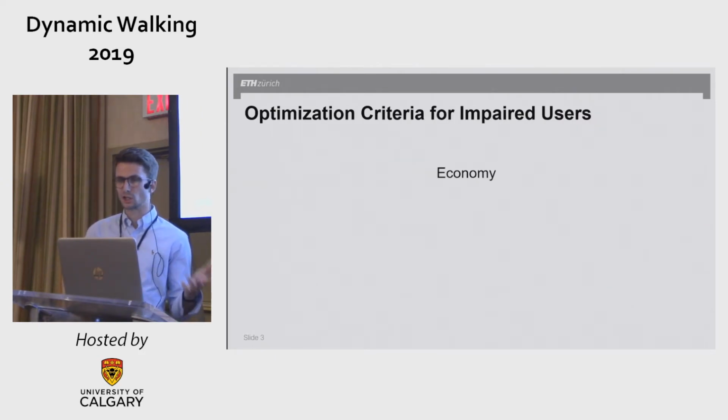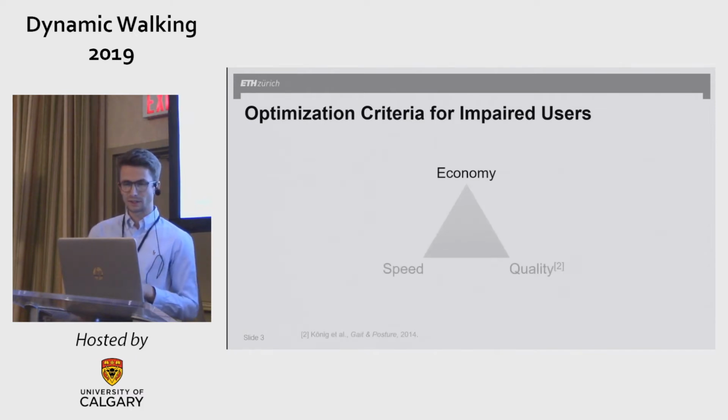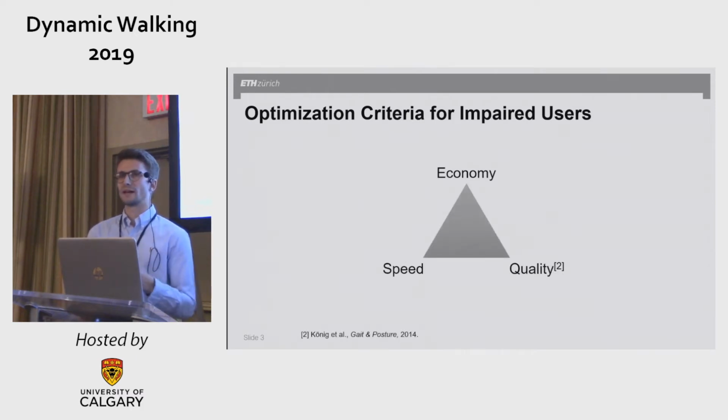So we've seen that economy is a very powerful metric, but as also the previous speaker argued, there might be different factors that we need to consider on top. And I would argue that these are probably gait speed and gait quality.